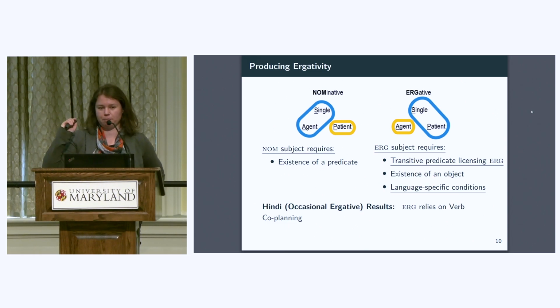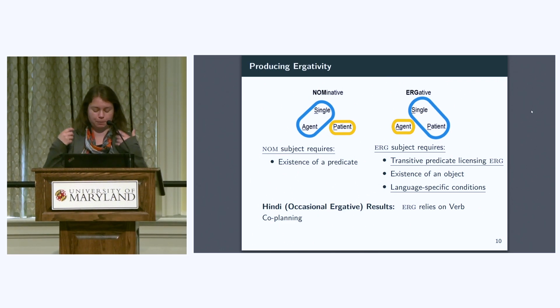They want to get a jump on figuring out what's going on, and are pursuing this verb co-planning strategy. But Hindi is only an occasional ergative language. It's just in that perfective. So we might worry that it's not really representative of all ergative languages.